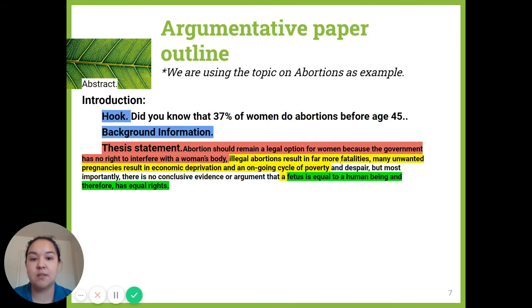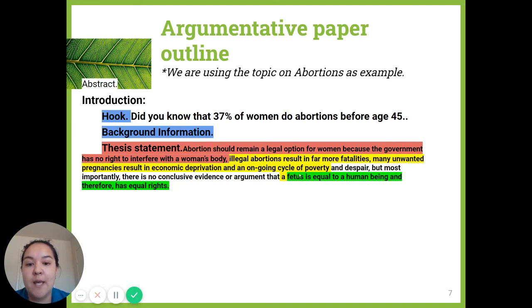Illegal abortions result in far more fatalities. Many unwanted pregnancies result in economic deprivation and an ongoing cycle of poverty, despair, but most importantly, there is no conclusive evidence or argument that a fetus is equal to a human being and therefore has equal rights.